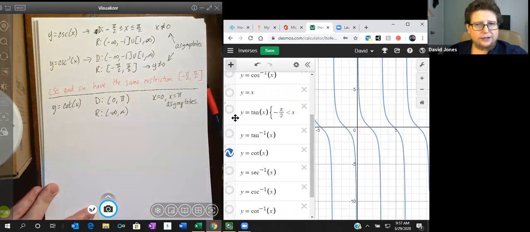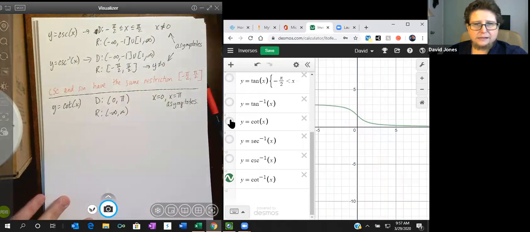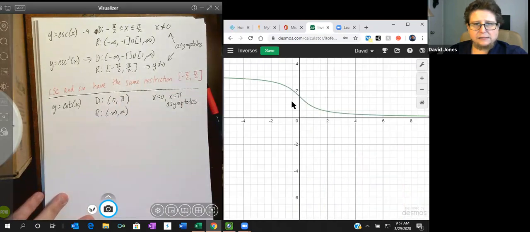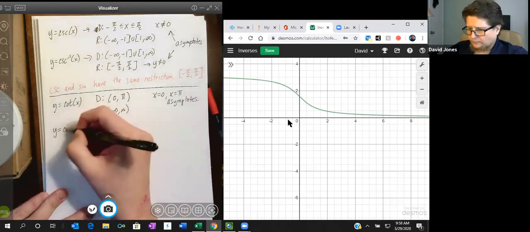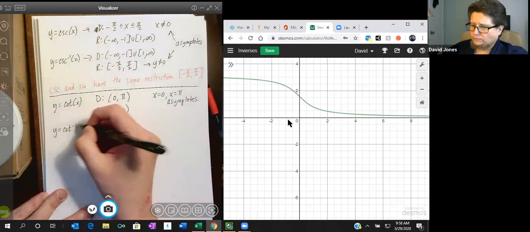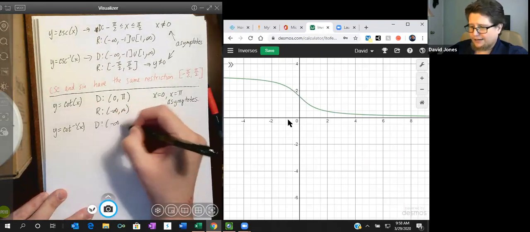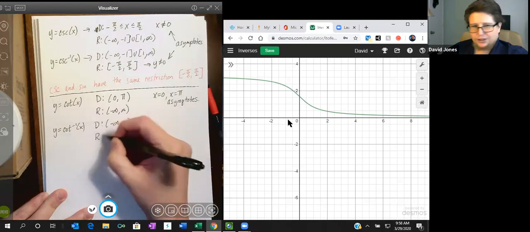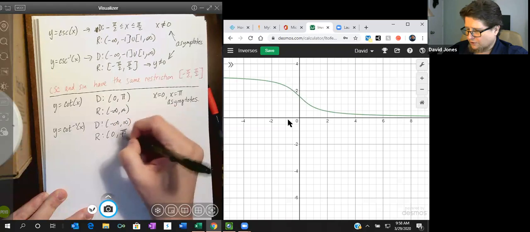So when we look at cotangent inverse, we just swap them. The domain is now negative infinity to infinity, and the range is 0 to pi.